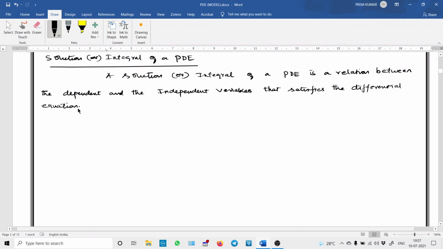We are going to classify the types of solutions a PDE may get. The main three different types of solutions we are going to discuss. The first one we call a complete integral or a complete solution.